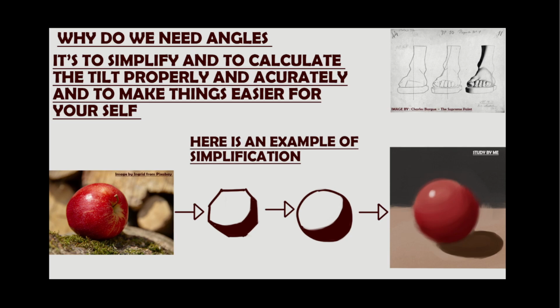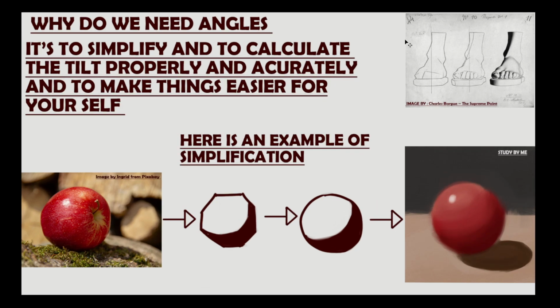As you can see, he also simplified by using angles, and it's very helpful to calculate the curves using angles. Now I will show you how to calculate the angle of the object, and then I will show you how to draw anything using only angles.